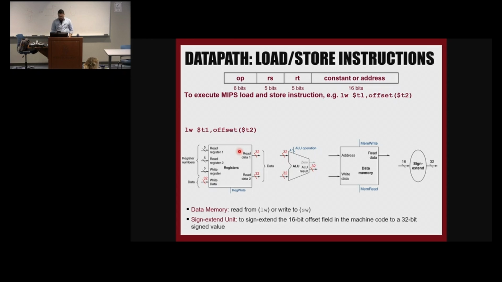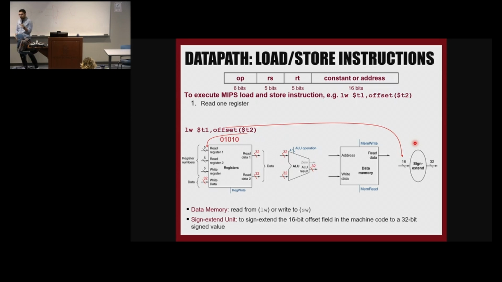Now let's see how it works step by step. We want to read one register, in this case, for I-type instructions, and that one register is T2. So T2 has the index 10, or the 5-bit number 01010. As T2 is sent here, the content of T2 is going to the ALU, and at the same time, the offset is sent to the sign extension block.